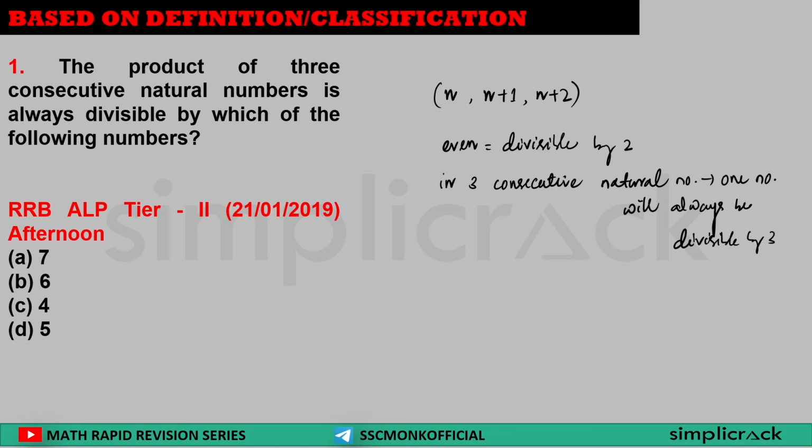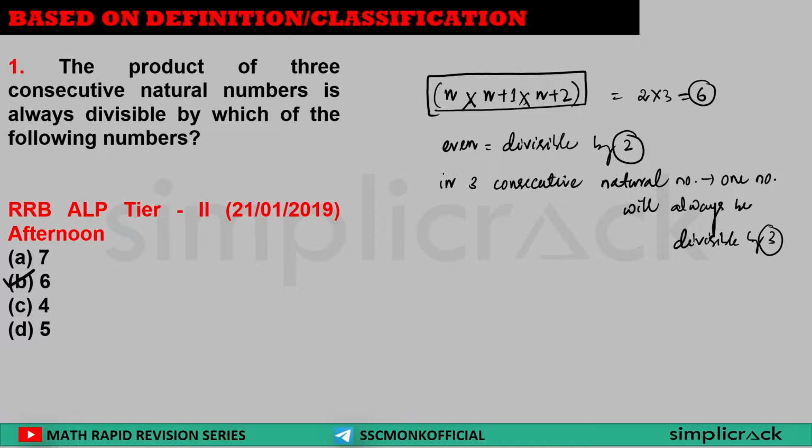See, I am taking it slow. Why you need to understand such questions? Because there will be confusion in your head. So if one number is divisible by 2, another number is divisible by 3, and these are multiplied, that means these are divisible by 2 multiplied by 3, that is 6. So the product of three consecutive numbers will always be divisible by 6.